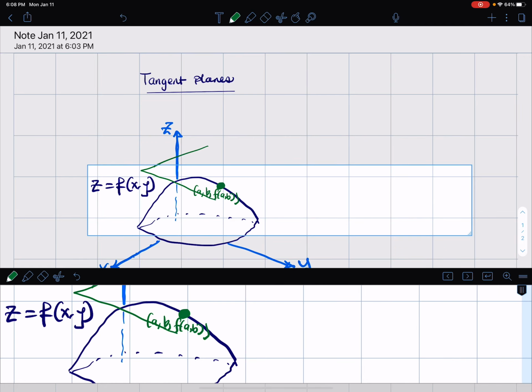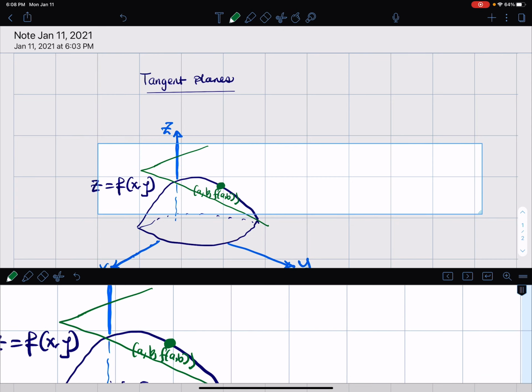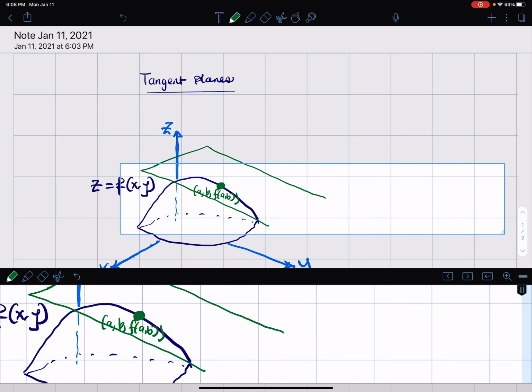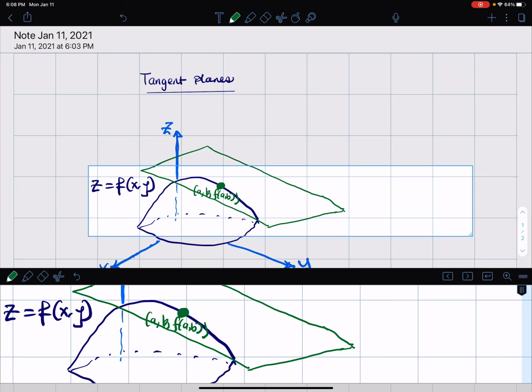Think of a plane that is sitting on the graph of the function, and it's tangent to the graph at this particular point, (a, b, f(a, b)). Tangent means that it touches the graph of the function at just this one point.